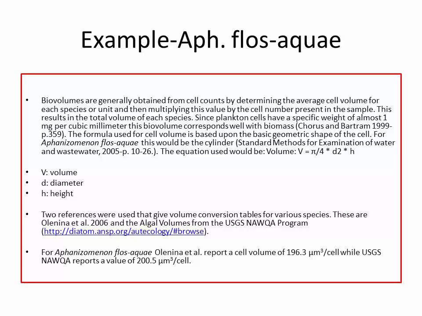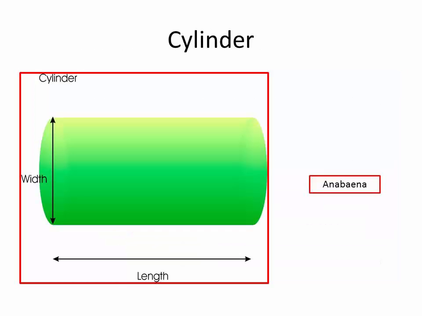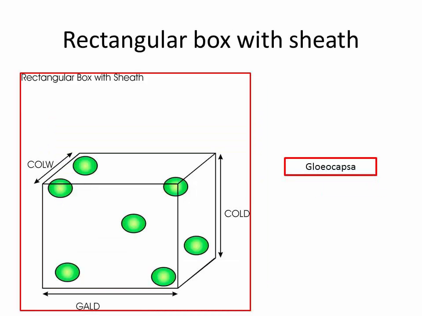Just to show you again what this is all about, here's the sphere, which might be Microcystis. Here's the cylinder, which could be Anabaena. Here's a rectangular box that was enclosed in a sheath. This is Gloeocapsa, so we could use the formula for a rectangular box in this case.